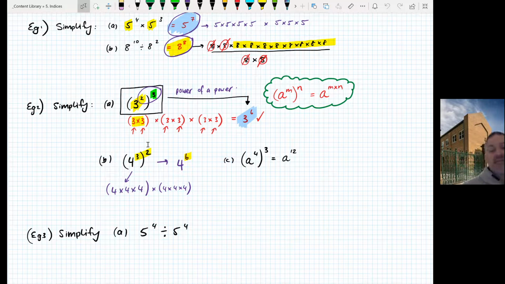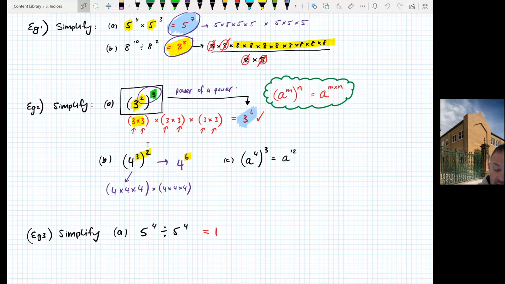Now, I'm hoping when I say to you 5 to the power of 4 divided by 5 to the power of 4, you're yelling at me saying, sir, I know that's equal to 1. Because whenever you divide something by itself, like 10 divided by 10, 2 divided by 2, 100 divided by 100, A divided by A, 5 to the 4 divided by 5 to the 4, we always come out with 1.